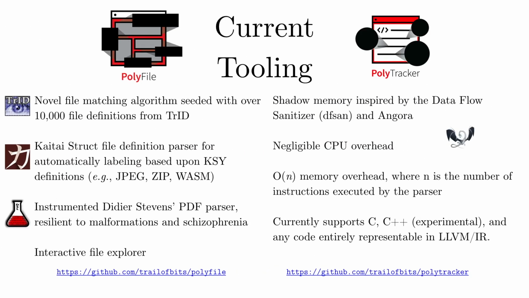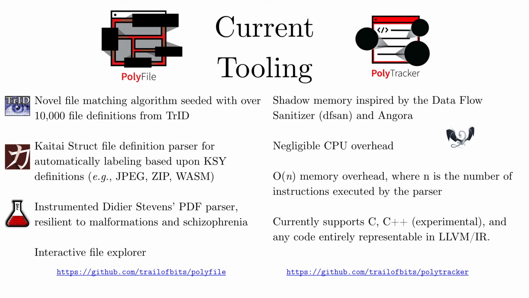This approach has resulted in two tools that were recently open sourced by Trail of Bits. PolyFile, which performs the polyglot-aware file identification with a database of over 10,000 file formats to draw from, and emits a JSON file containing the hierarchical semantic mapping of the input file.